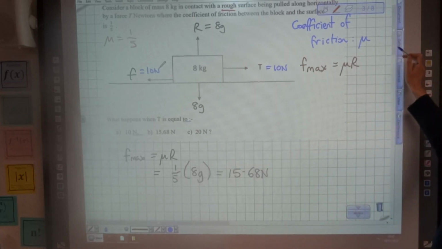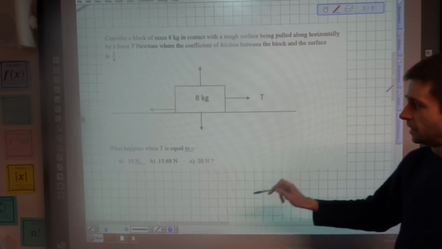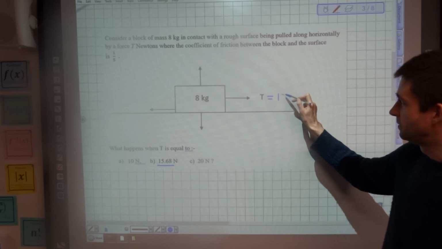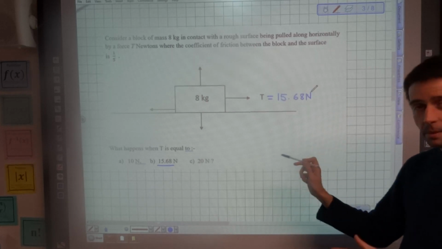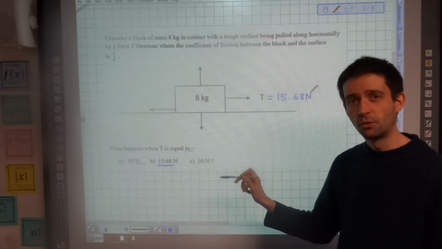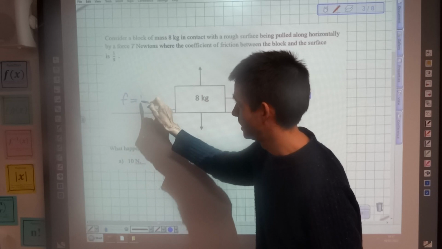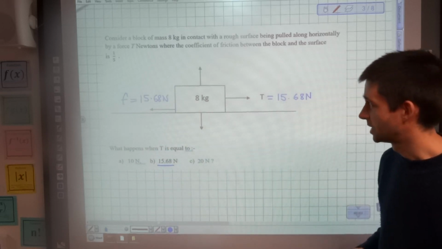Now I've got the same diagram drawn under here because we're going to do part B. The only thing that's changed here in part B is that the tension is now 15.68 newtons. Remember, we calculated that the maximum that friction can be is 15.68 newtons. So in this case, the magnitude of friction would be 15.68 newtons.